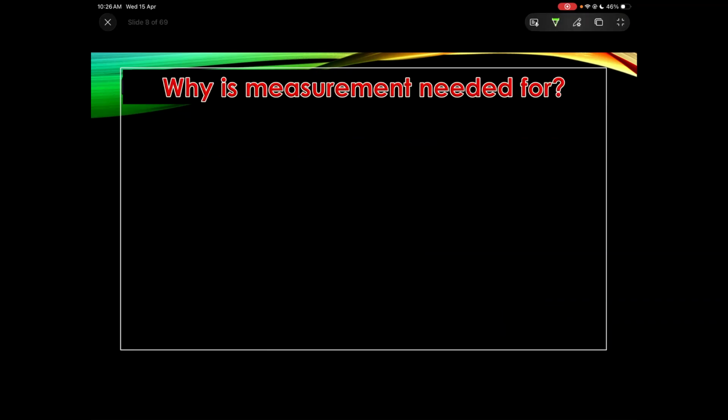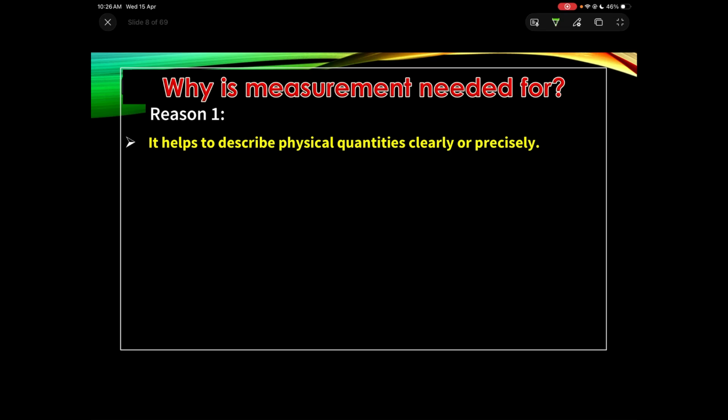Now, we move on to the next subunit. Why is measurement needed? See, there are 5 reasons. The first reason among them is it helps you to describe a physical quantity clearly and very precisely.